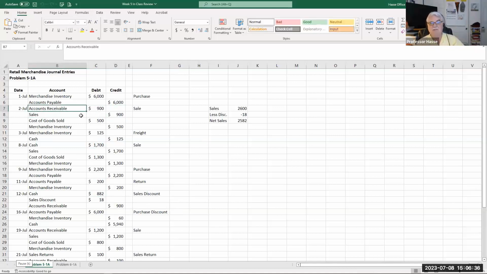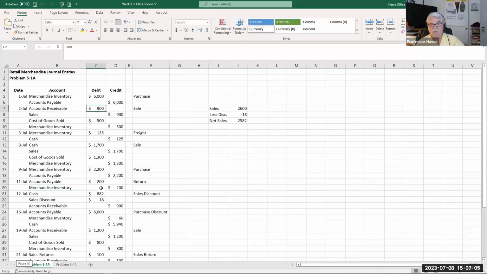In other words, when I sold this $900 to this customer, I told the customer, to encourage them to pay me on time, I will give you a 2% discount on your receivable balance if you pay within 10 days of the purchase or the invoice. Well, lo and behold, 10 days later on July 12th, they pay me the $900, but I give them a 2% discount.